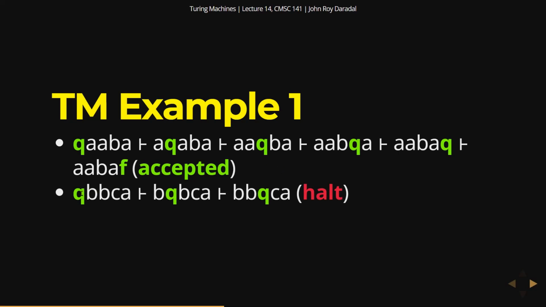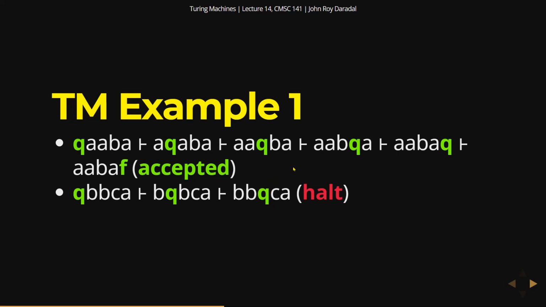BBCA. Q sees a B, okay, pass through it, sees another B, pass through it. Now it sees a C, and it doesn't know what to do when it sees a C, right? So it will stop. And since you are in state Q, you're not in a final state, then it is rejected. And that is because we don't accept anything that is not A or B.